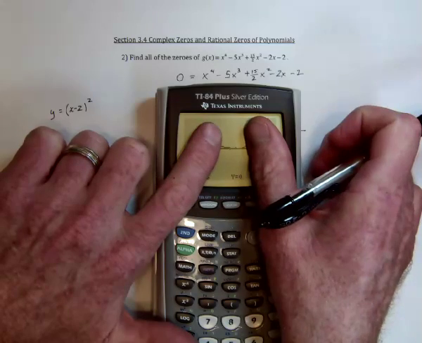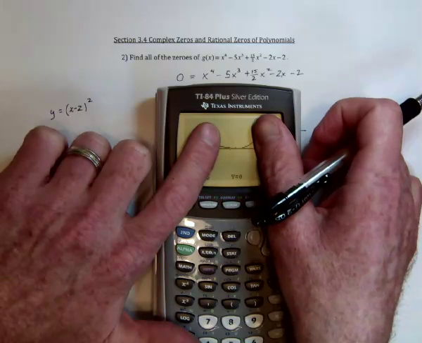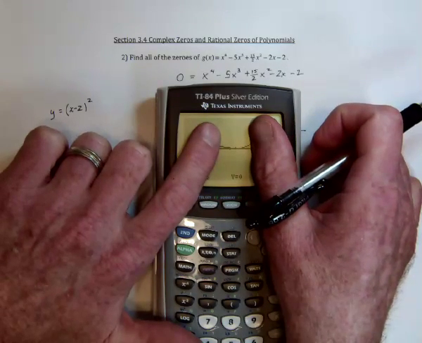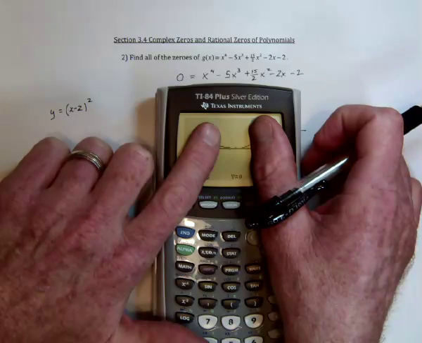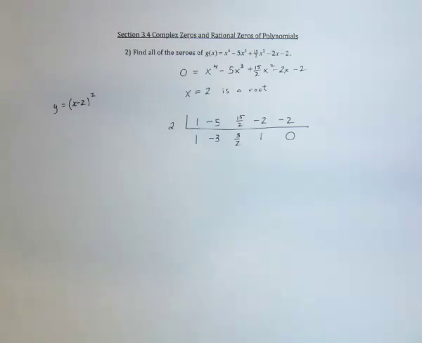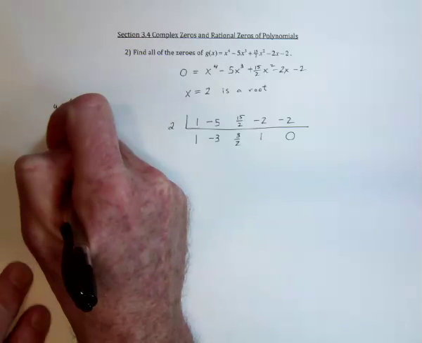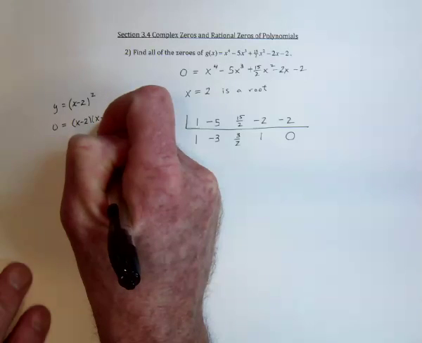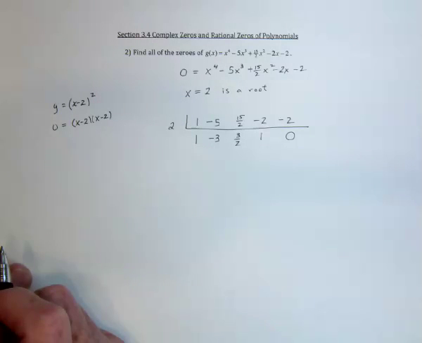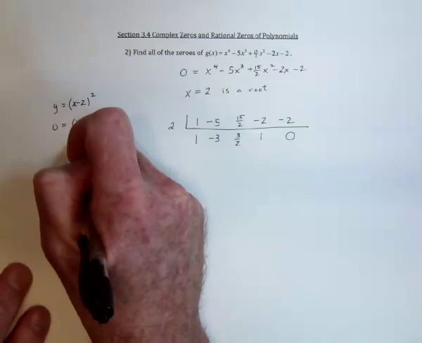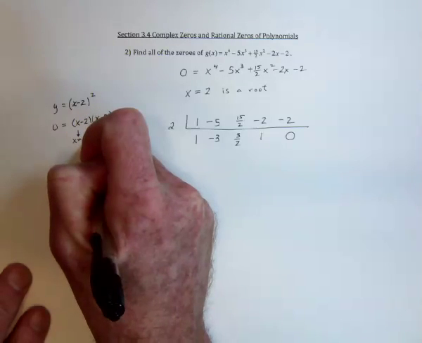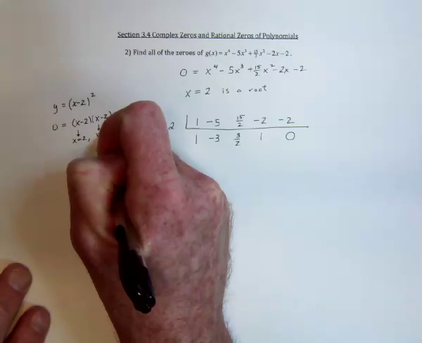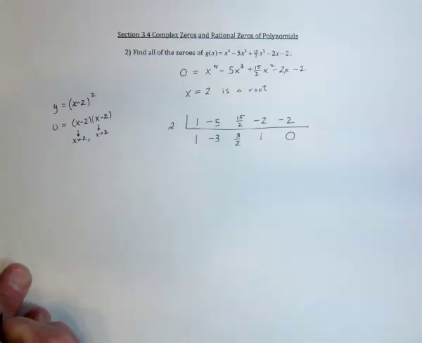So just in that area, it looks like a parabola moved over to x equals 2. Well, that means that when I set it equal to 0, x minus 2 times x minus 2 means that there's actually 2 answers that give me x equal 2. So they're not 2 different points on the graph, but these 2 different factors say that 2 is a root twice. So it's called a double root.